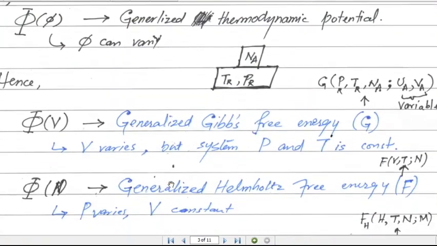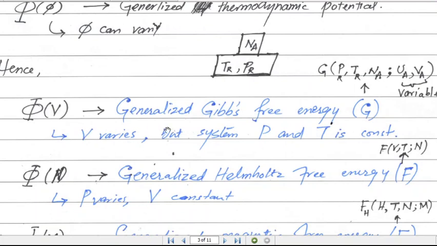For the case of the Gibbs free energy, it is the relevant energy for systems which are held at a constant pressure and have a fixed number of particles. This is the system in which the volume and energy vary to minimize the Gibbs free energy of the system.